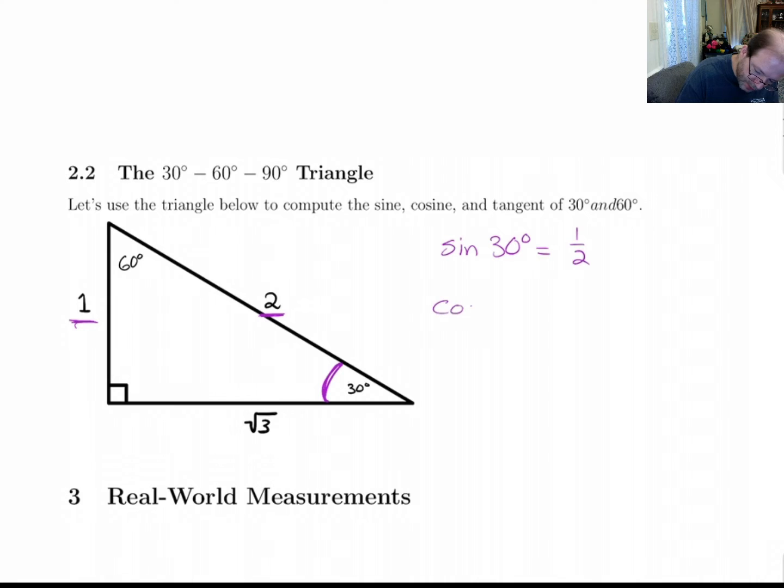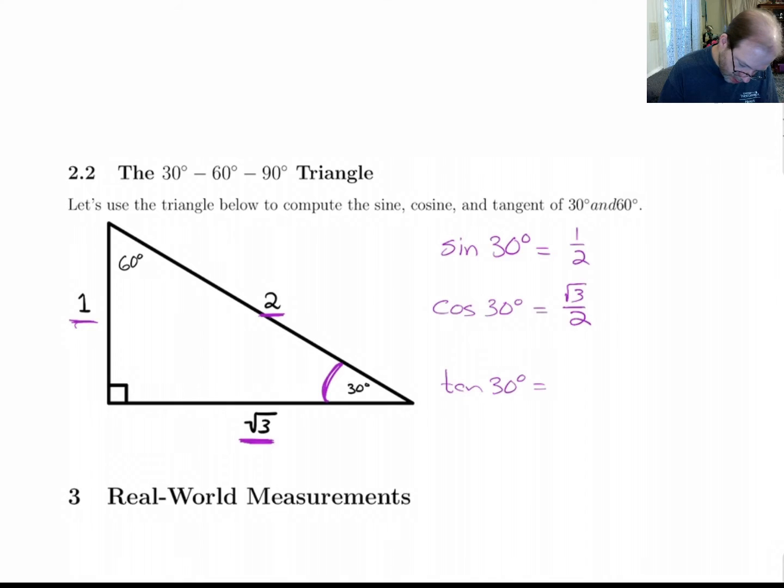And cosine of 30 is going to be, let's see, this side is root 3 for the adjacent, and the hypotenuse is 2. And then the tan of 30 is opposite over adjacent, so it's 1 over root 3.